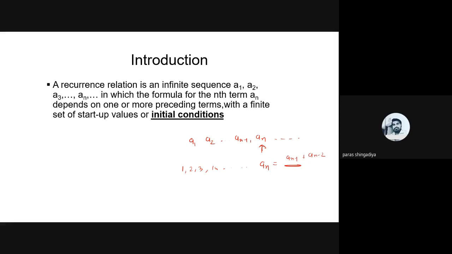Some initial conditions will be given in the question. That is called the finite startup value, meaning A1 will be given and A2 will be given. These are the initial values.